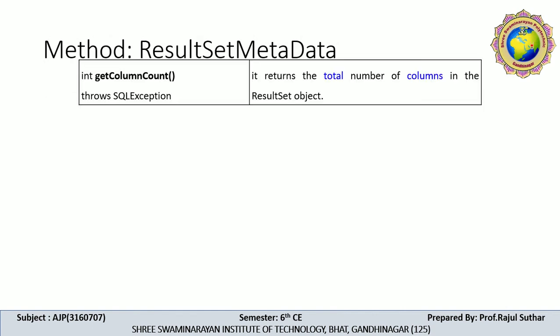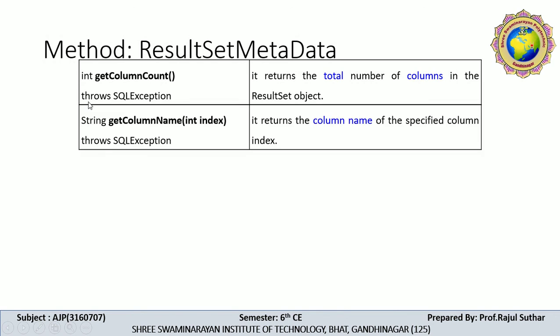Here the ResultSetMetaData methods are used. First one is getColumnCount. It returns the total number of columns in the ResultSet object. It throws SQLException. String getColumnName: you can use the integer column index.